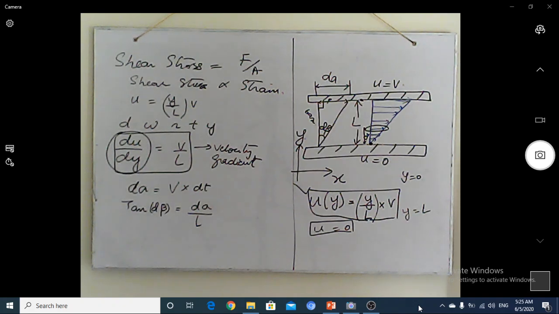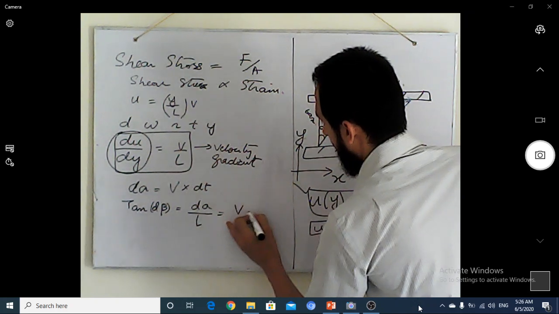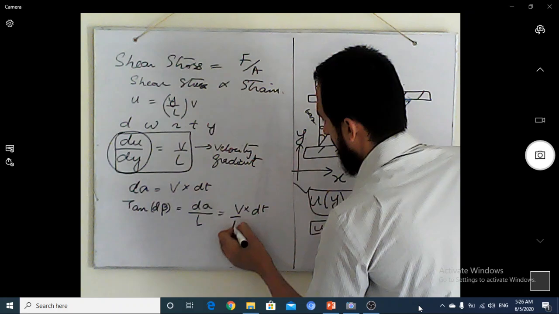As dA is just the product of velocity and dt, it becomes V multiplied by dt over L.